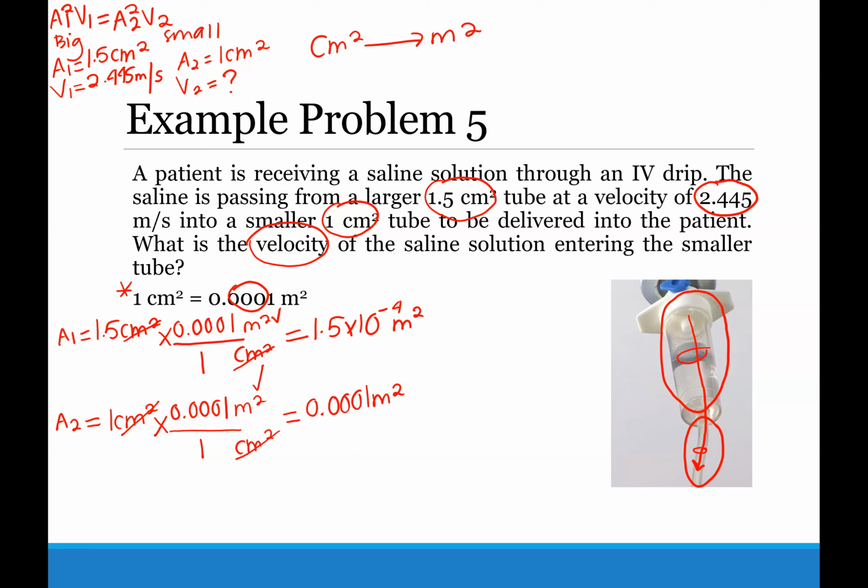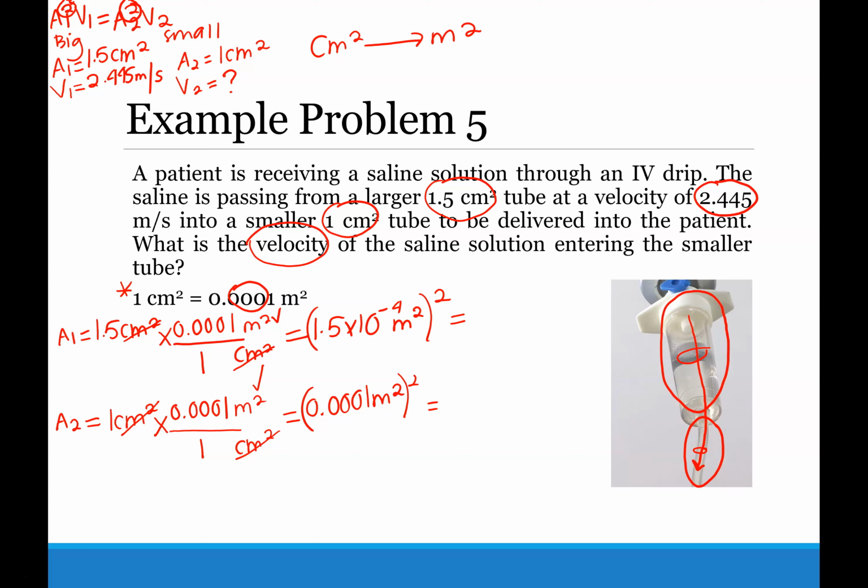Now we're ready to prepare these things to go into the continuity of flow equation. Never forget to square your areas, because if you do, the answer will be wrong. So 1.5 times 10 to the minus 4th squared and 0.0001 squared, and you can put them into your calculator just like that.